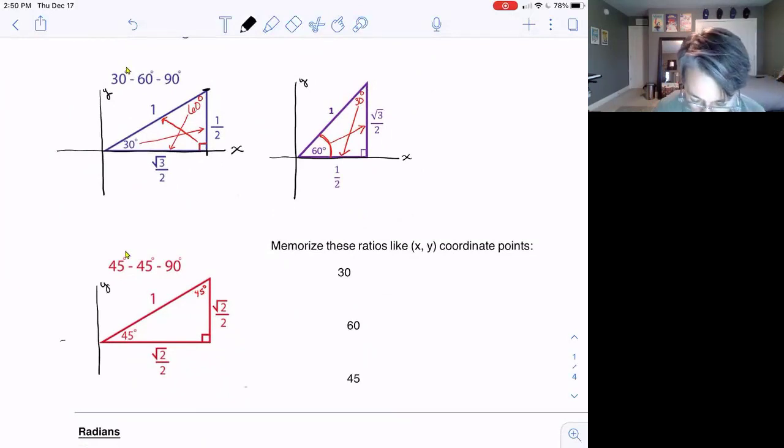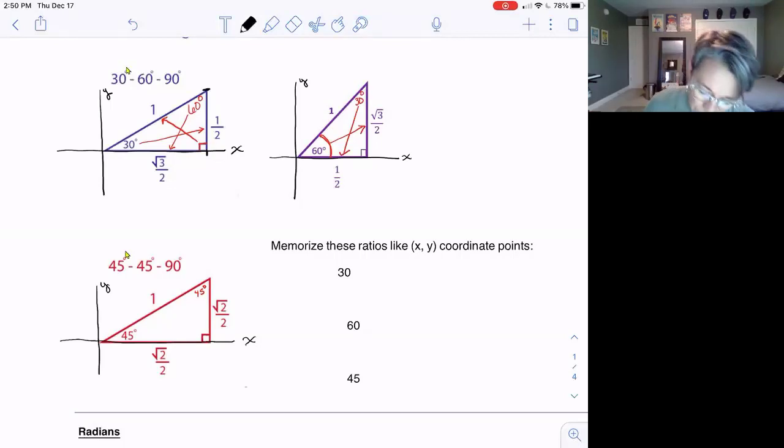There's our y, and this is our x. And we're actually going to be doing that again later. This is what we call the standard position of an angle when we're putting it on a coordinate grid. And so we want to memorize all of these ratios, these sides of these triangles, like coordinate points.